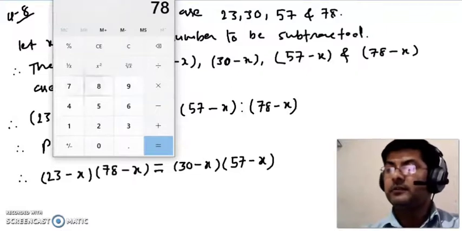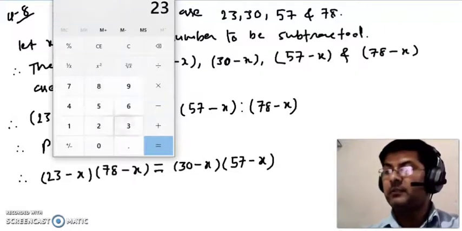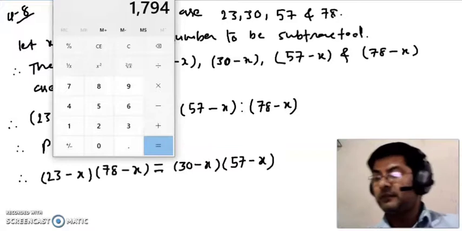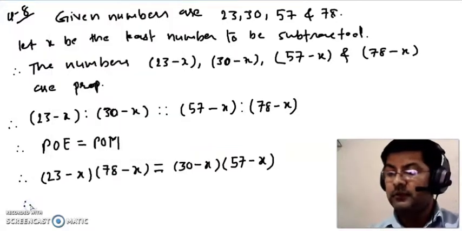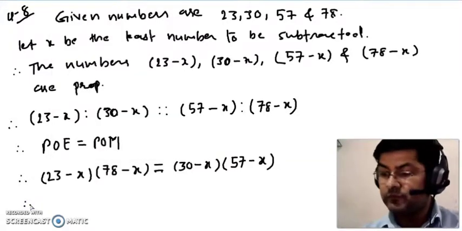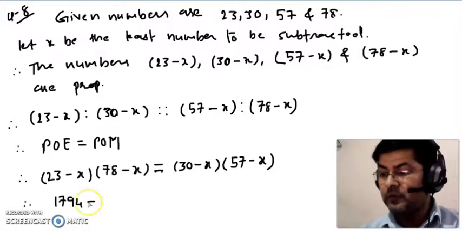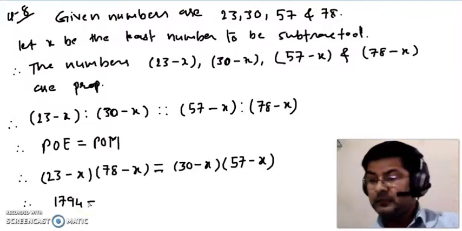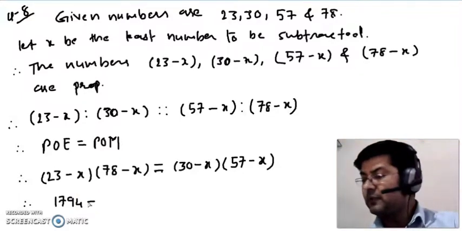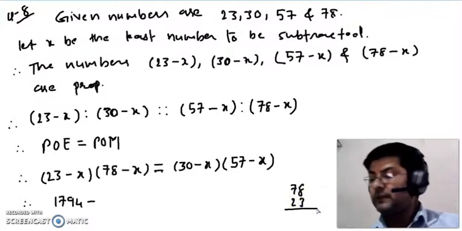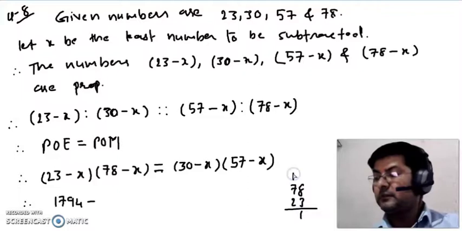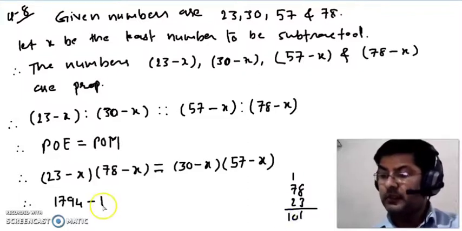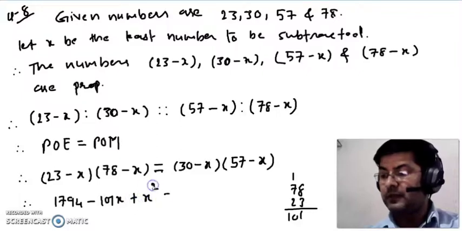We have 78 multiplied by 23 will be 1794. Therefore 1794, then 23 plus 78 that we can do, 101, so minus 101x plus x square.